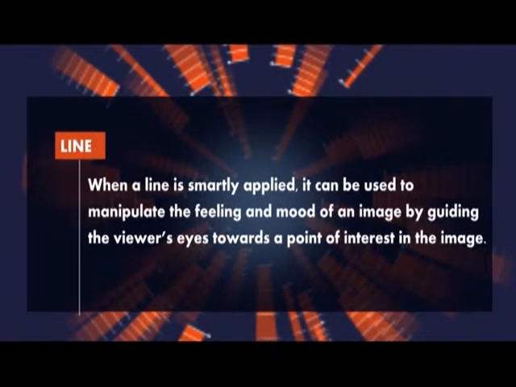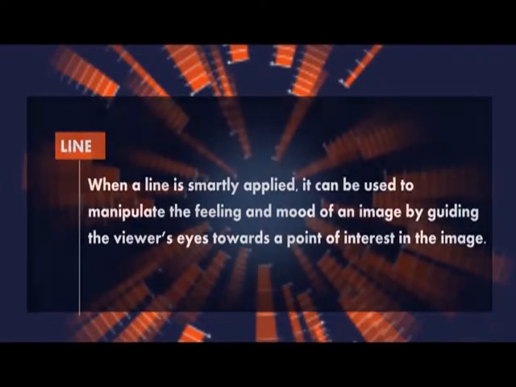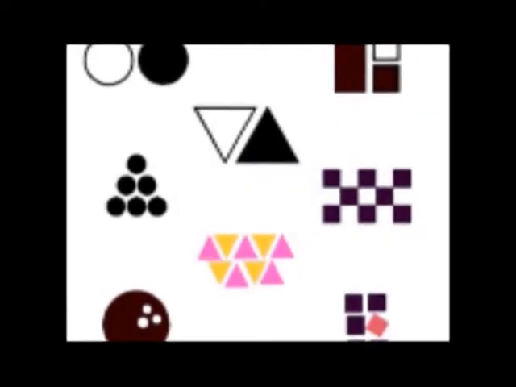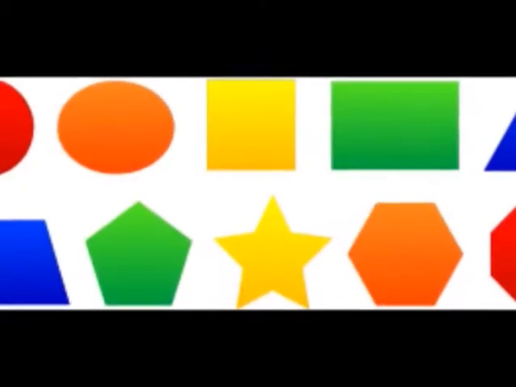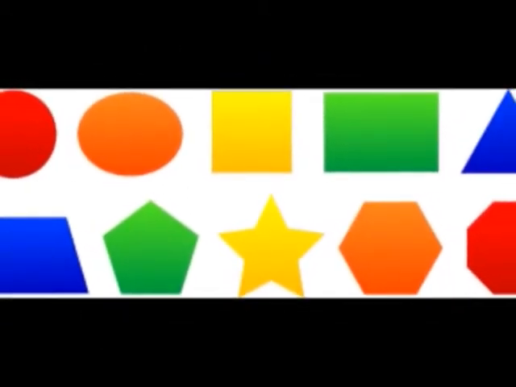When a line is smartly applied, it can be used to manipulate the feeling and mood of an image by guiding the viewer's eyes towards a point of interest in the image. Secondly, a shape can be described as an area which is contained within implied lines or is perceived and acknowledged because of color or value changes.